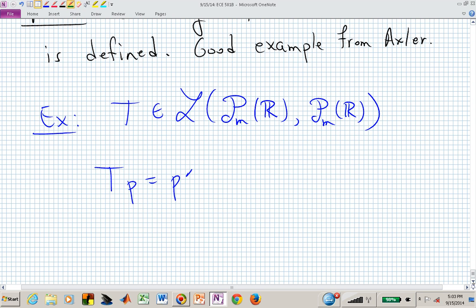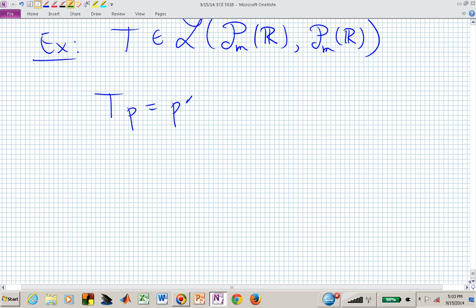The way I've written it here, it's not surjective, is it? Because if little m was third order, I'm never going to get to a third order polynomial when I differentiate a third order. It's always going to be a second order or less. So this map is not going to cover all of the third order polynomials. It's not surjective the way that it is written.